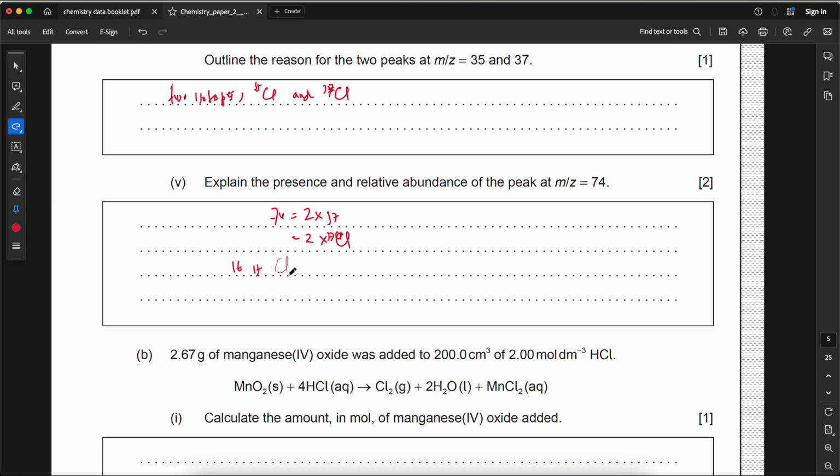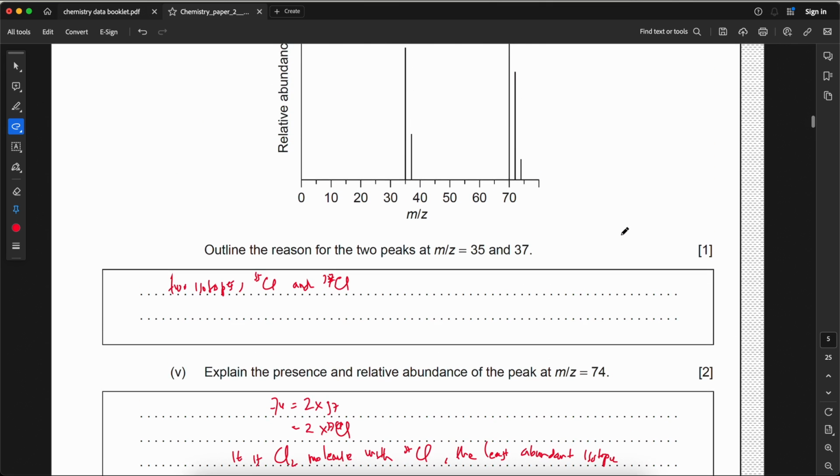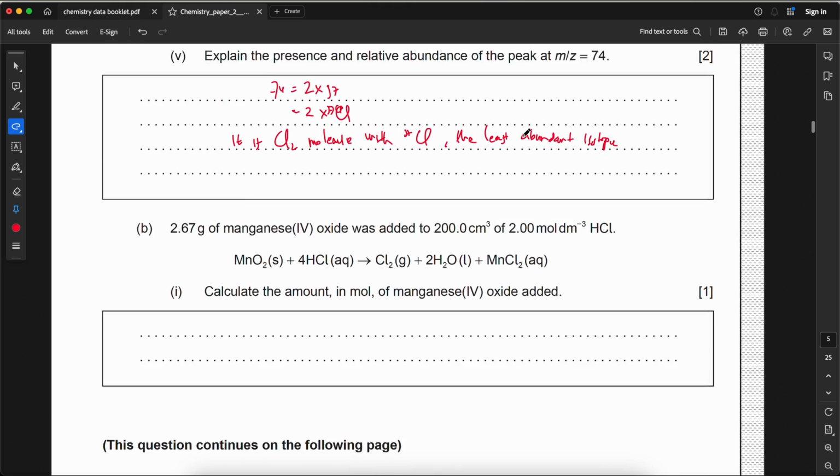So it is a Cl2 molecule with mass number 74, Cl-37. The least abundant isotope, as you can see on the picture, is very low. So the least abundant isotope.